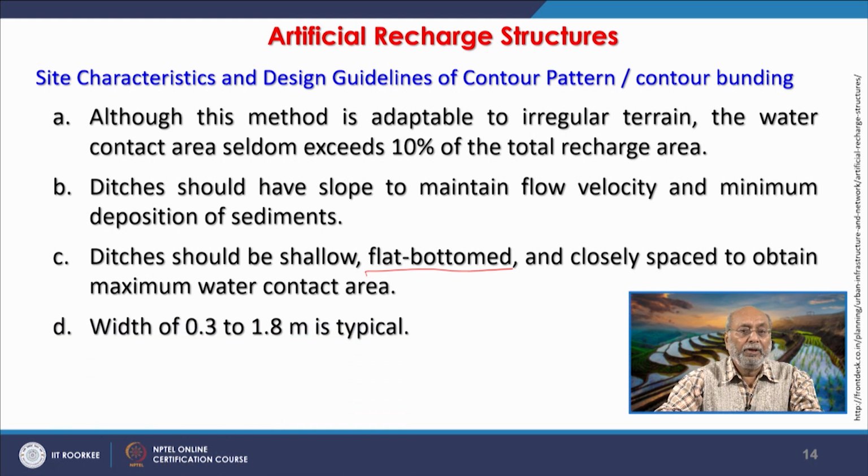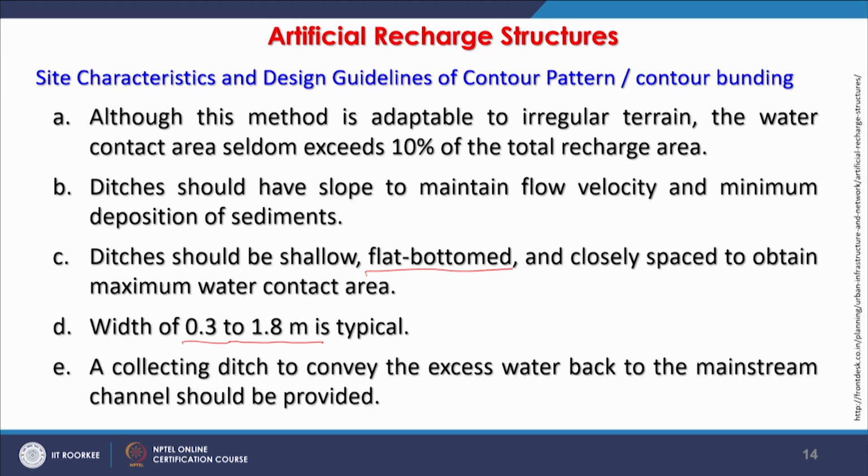That will help. The width depends on the area, slope and other things, but generally the width can be 0.3 meter to 1.8 meter. The depth is roughly 1 foot. You can have 1.8 meter in width, and the length as much as you want.